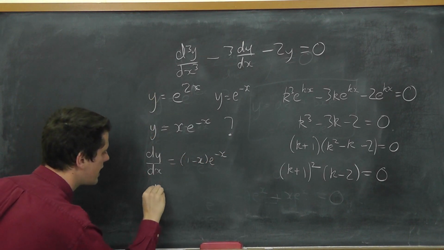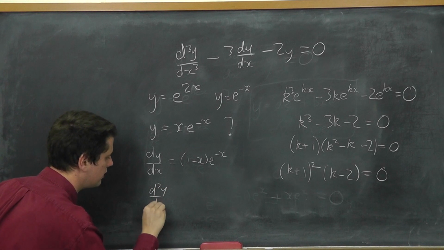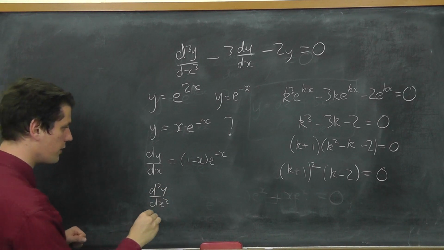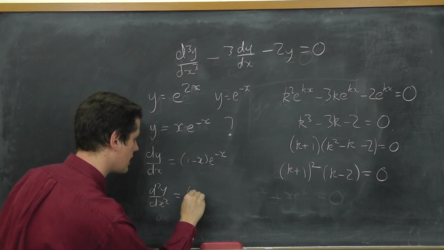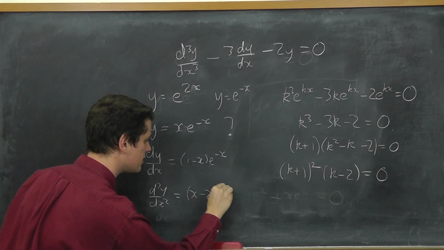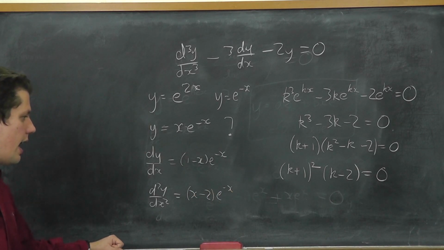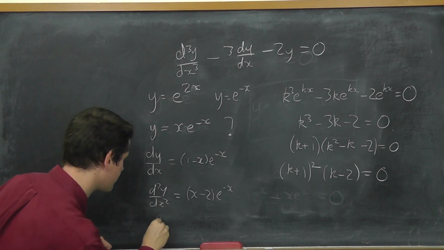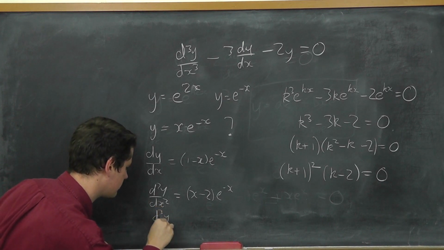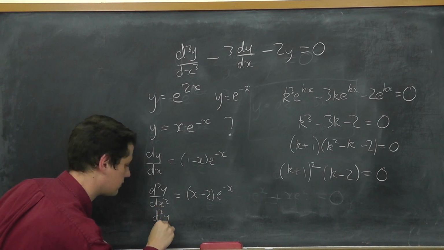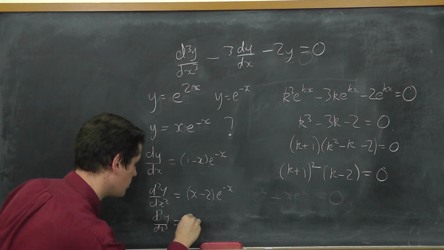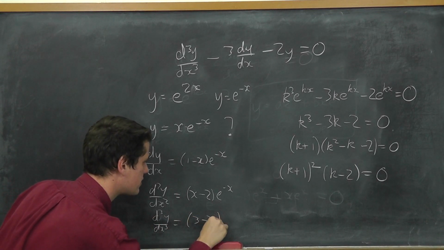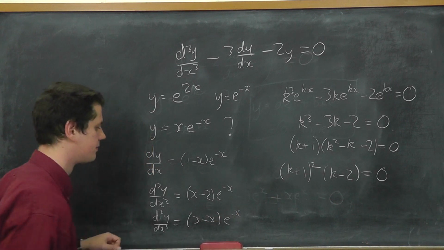And we find that the second derivative of y with respect to x is x minus 2, times e to the minus x. And lastly, the third derivative is equal to 3 minus x, times e to the minus x.